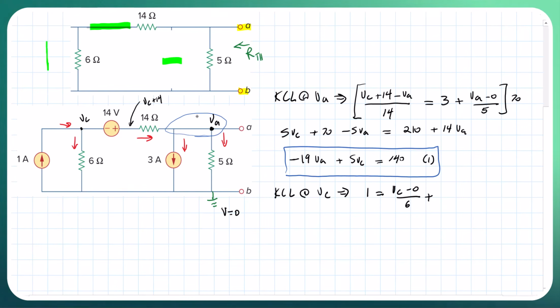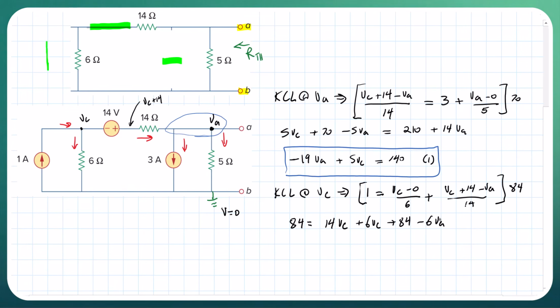VC plus 14 minus VA, because we have VC and then we got that 14 there, so it's going to be VC plus 14 minus VA. We defined that previously, over 14, and then we can multiply this by some factor to simplify, and we get 84 equals 14 VC plus 6 VC plus 84 minus 6 VA.